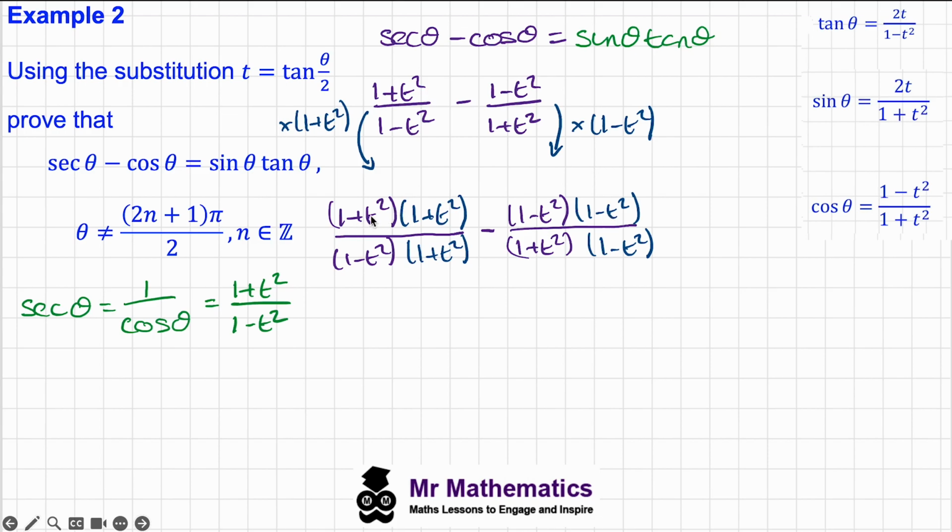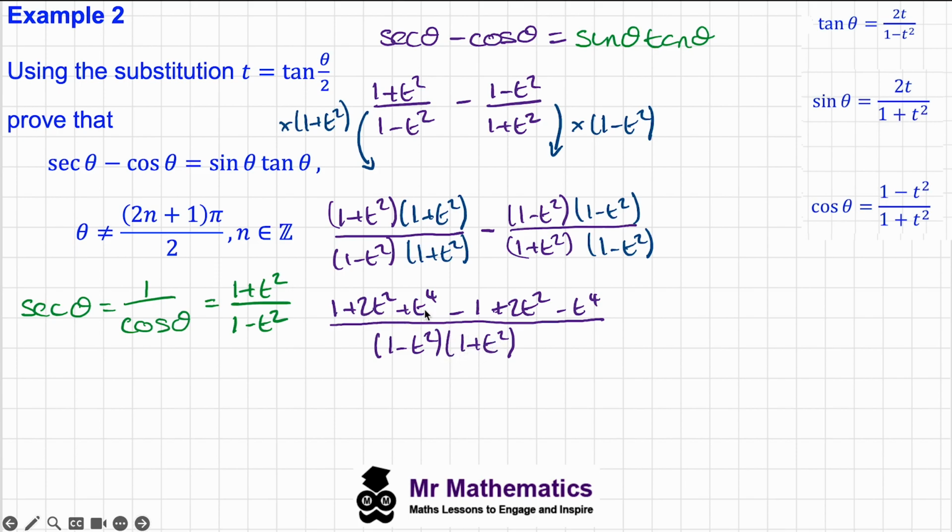Now we can expand out the brackets on the numerator, and we'll multiply out with this negative. So we get 1 plus 2t squared plus t to the 4, minus the 1, plus the 2t squared, minus t to the 4, all over 1 minus t squared multiplied by 1 plus t squared.